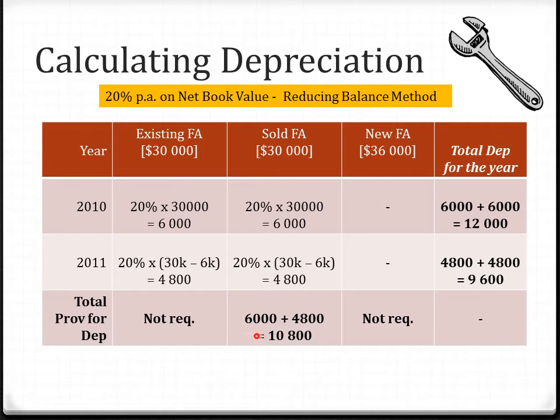You need to know the total provision for that particular fixed asset. Because when I'm going to sell that fixed asset, I'm going to take out the whole entire cost of it, and take out the entire provision for depreciation that it has been provided so far. Make sense? So I'm going to take this out from the provision for depreciation.